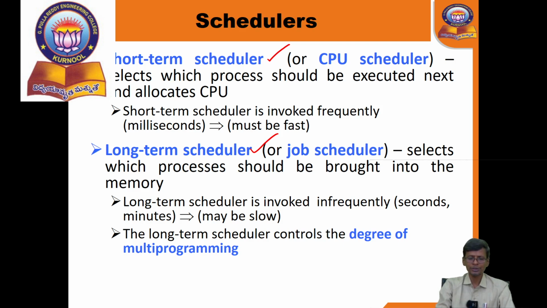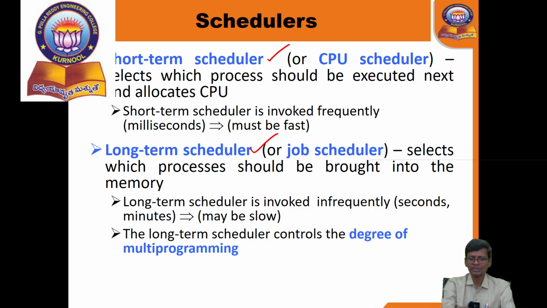Job scheduling is nothing but, immediately after creating the process, it should be loaded into the main memory. For example, if there is no available space for the new program in the main memory, then by applying job scheduling, one job will be selected and that job will be replaced with a new job or new process. So we call it a job scheduler.